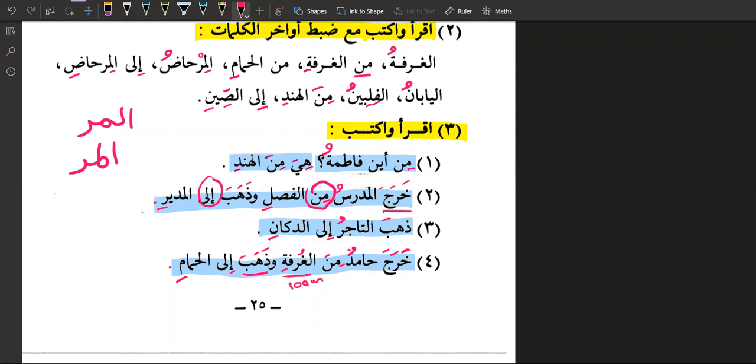The trader went to the shop. Also remember, we can't translate them exactly in the same order. We wouldn't say 'he went, the trader, to the shop.' We have to understand the sentence and then translate it correctly into English. خرج حامد من الغرفة وذهب إلى الحمام. Hamid left the room and went to the bathroom.